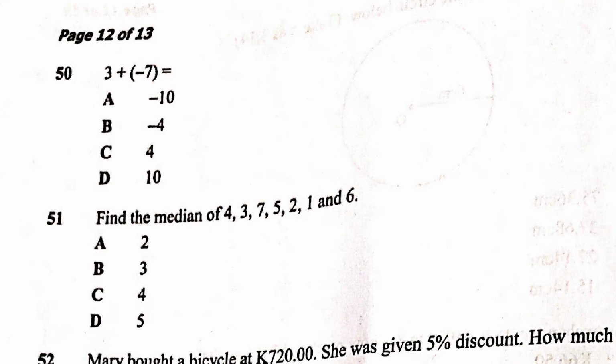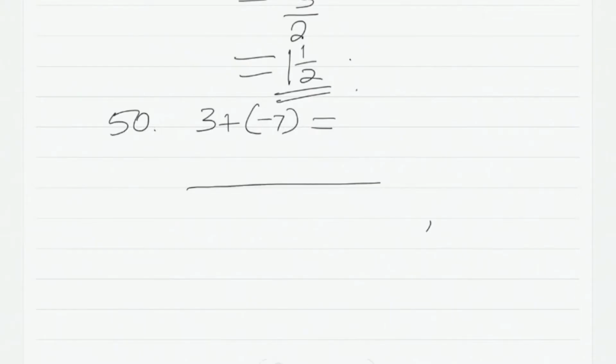So we come to question number 50. Question number 50 says, "3 plus -7 equals."